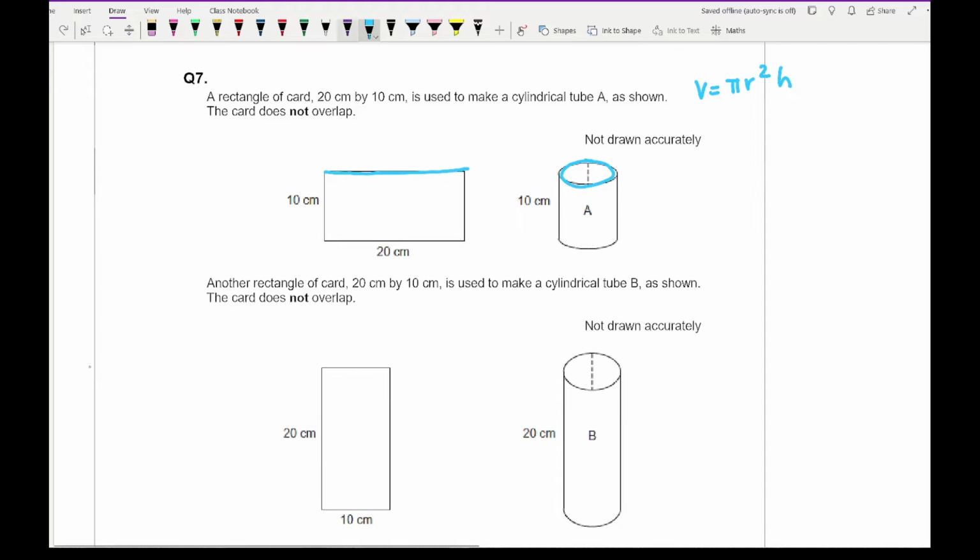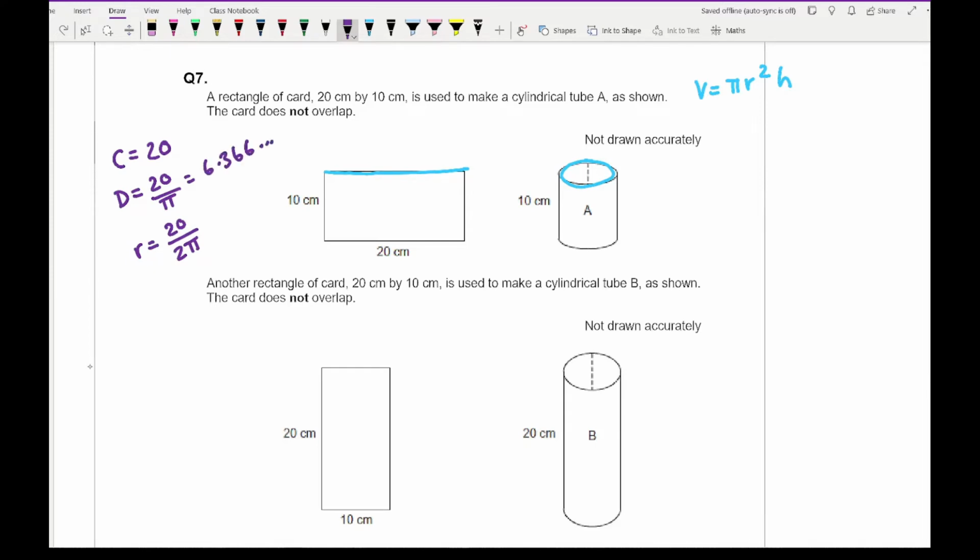So if that there is the circumference, so C equals 20, then the diameter is going to be 20 divided by pi, which therefore means that the radius is going to be 20 divided by 2 pi. Now, again, you don't need to write that. You could write it in terms of the numbers that you should get. So 20 divided by pi is 6.366.